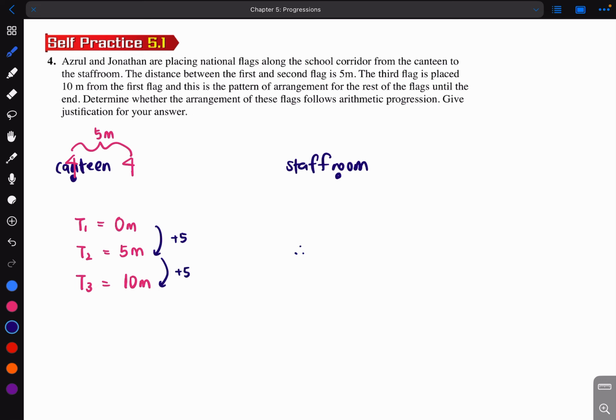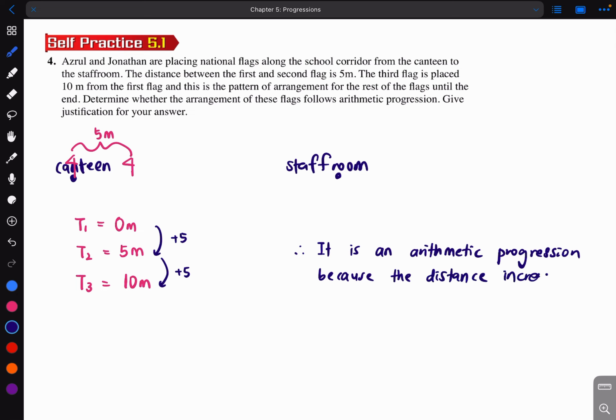So we can say it is an arithmetic progression because the distance increases by 5 meters throughout. Okay, so it increases by 5 meters. So this will be an arithmetic progression. That's it.